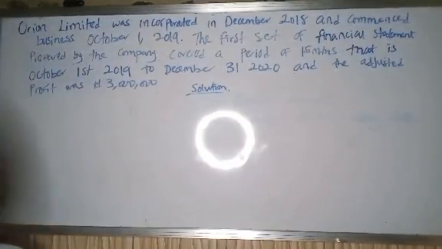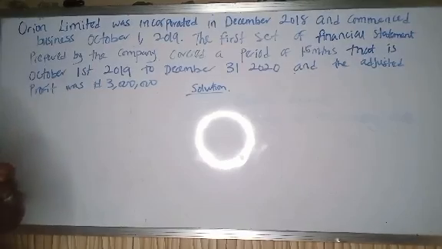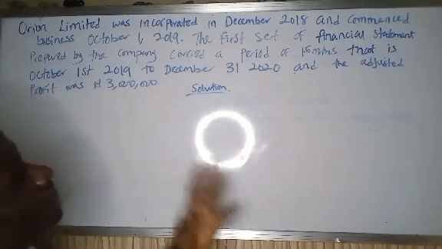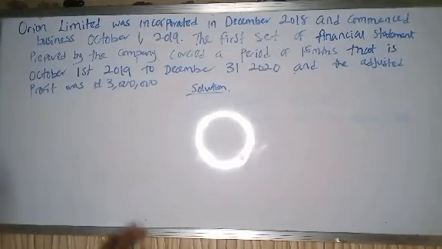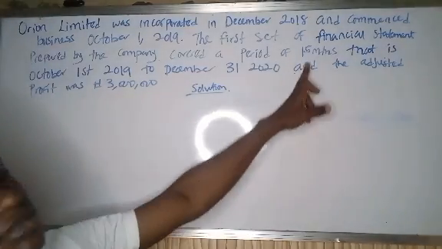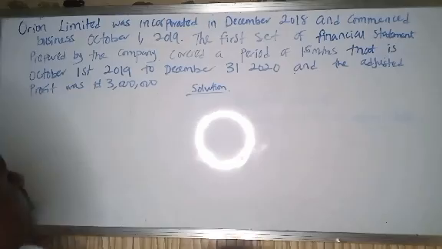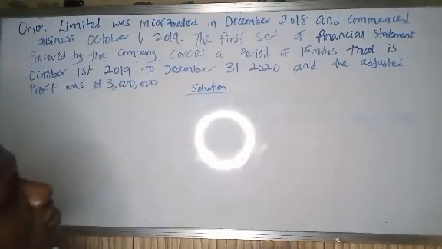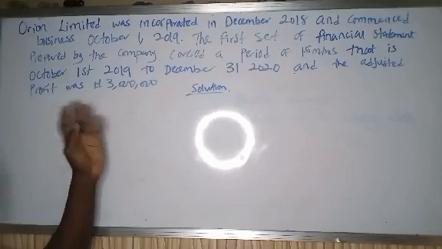Orion Limited was incorporated in December 2018 and commenced business October 1st, 2019. The first set of financial statements prepared by the company covered a period of 15 months, that is October 1st, 2019 to December 31st, 2020, and the adjusted profit was 3 million.